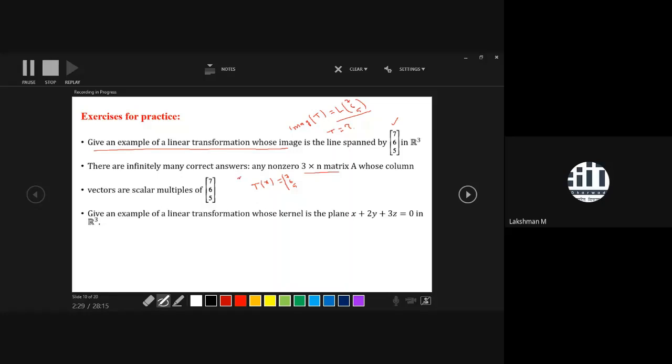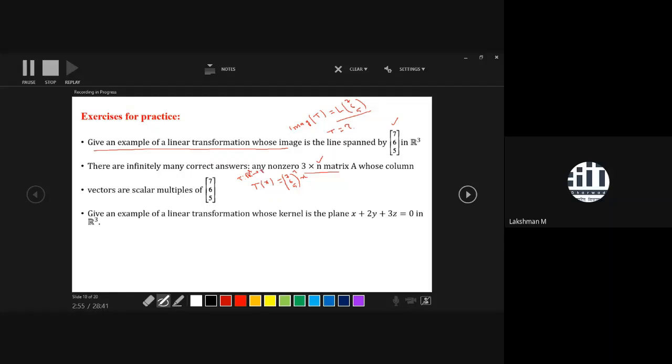You want to define from R3 to R, or R3 to Rn, depending on the dimension of your target space. If you want to define from R3 to R, then just take the dot product with this vector, that means 7, 6, 5 transpose x.